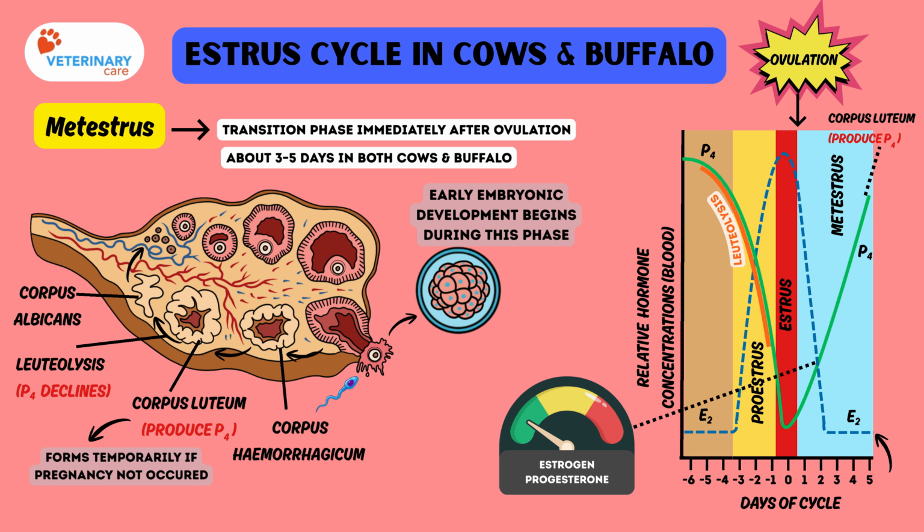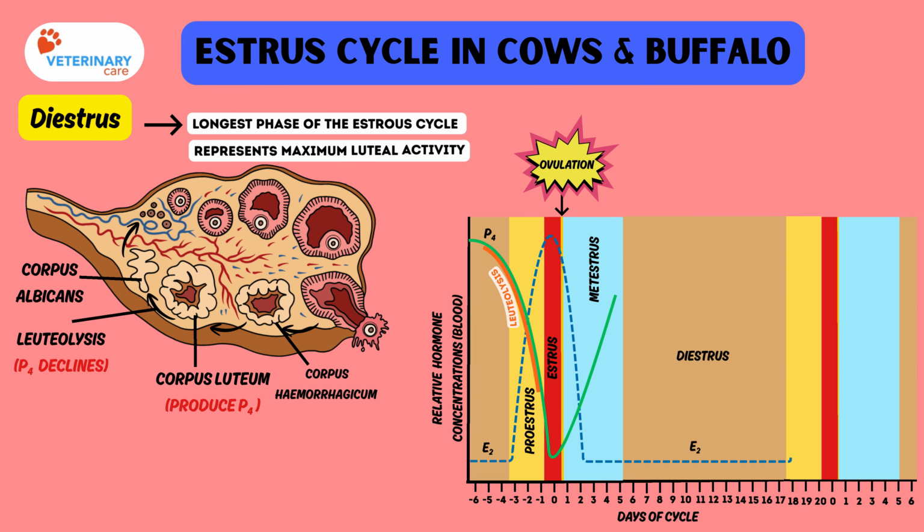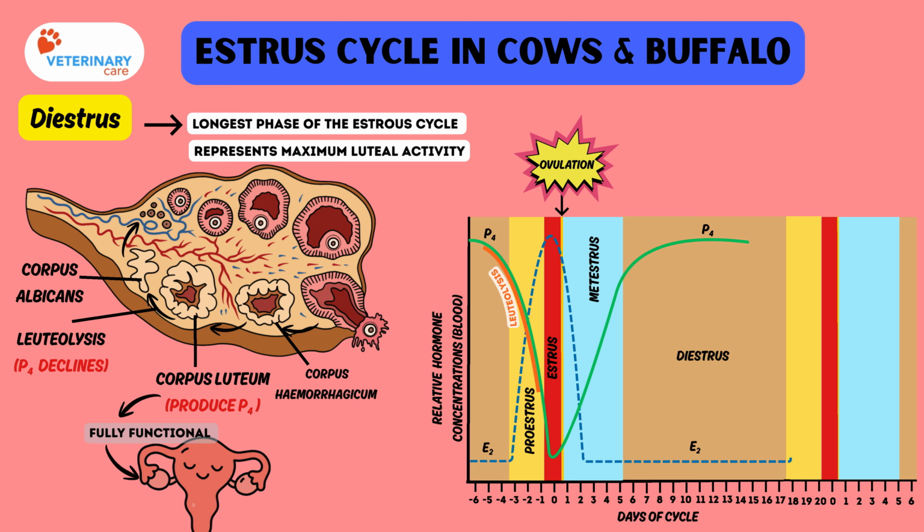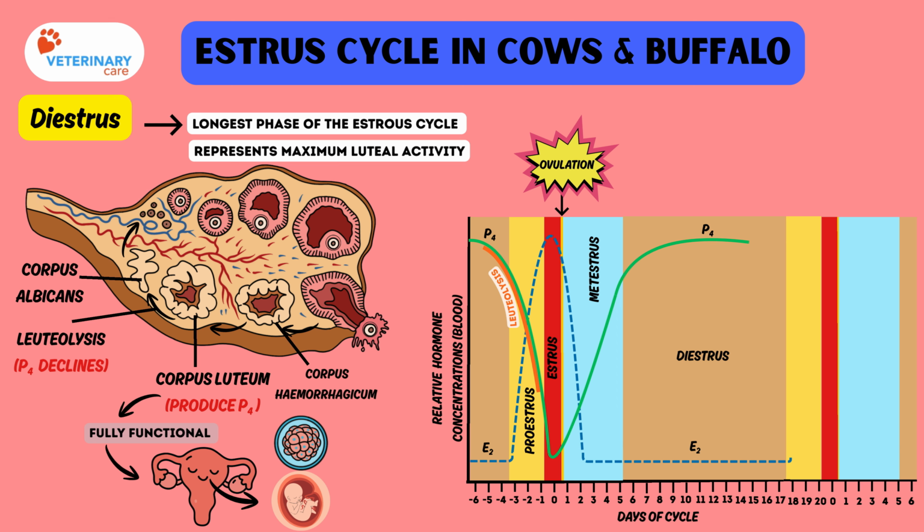Diestrus is the longest phase of the estrus cycle and represents maximum luteal activity. The corpus luteum is fully functional and secretes high levels of progesterone, which prepares the uterus for embryo implantation and pregnancy. Females do not show estrus behavior during diestrus. If pregnancy occurs, the corpus luteum is maintained and progesterone remains high.